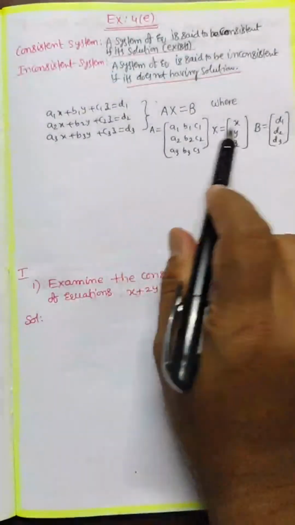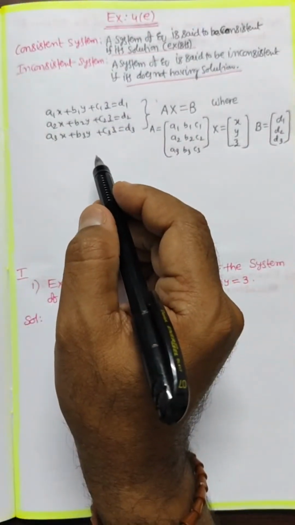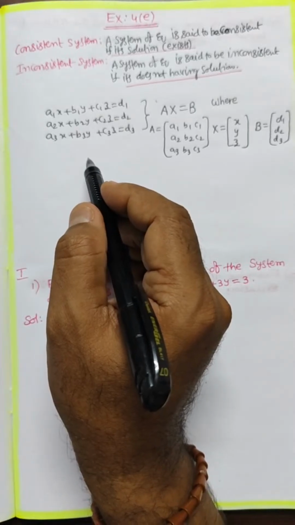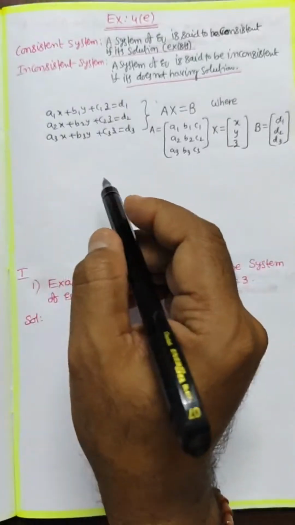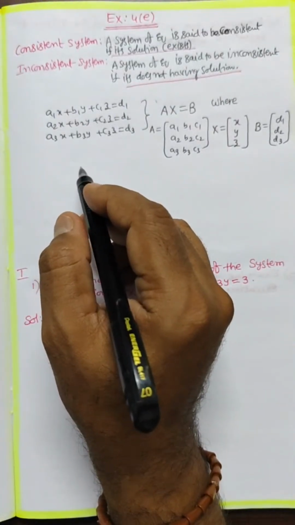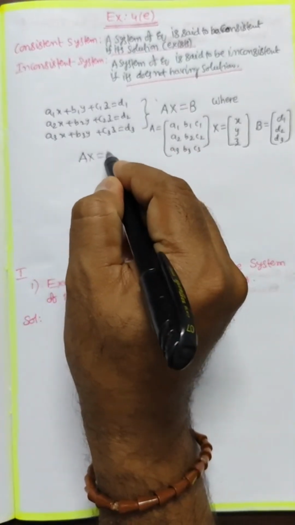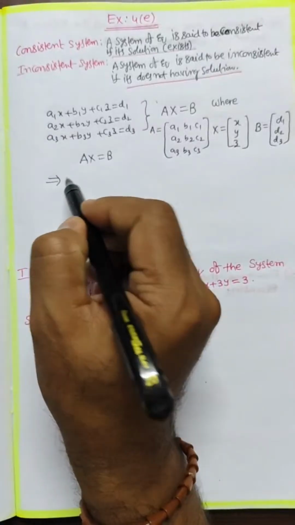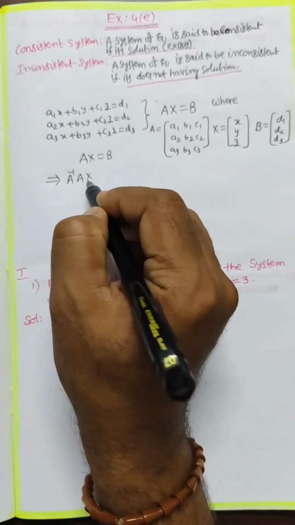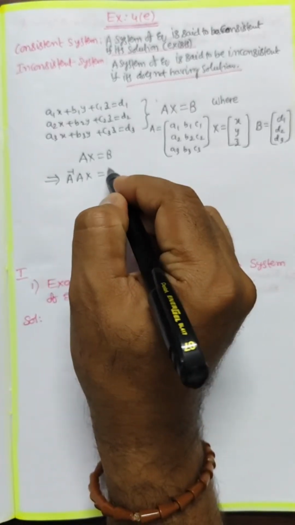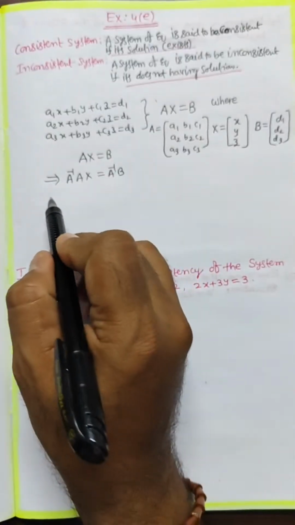By using this system of equations, we can find the solution by using the inverse of a matrix. This method is called the inverse matrix method, or simply the matrix method. Given AX equal to B, pre-multiply both sides by A inverse.